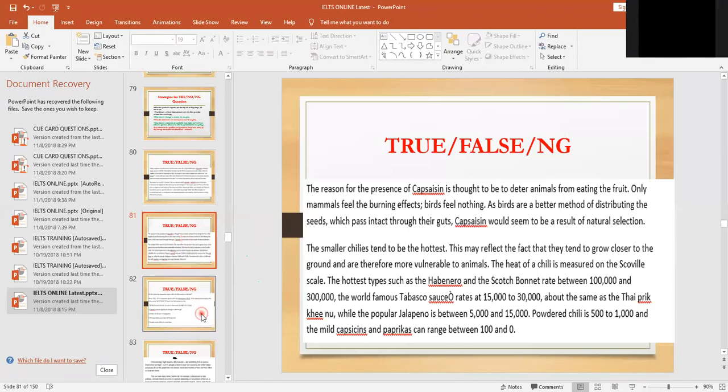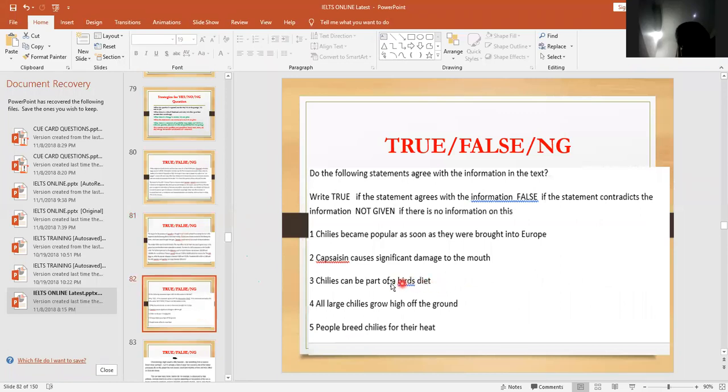Answer is true. So I have said it: when the statement uses can, might, may, it is a statement of possibility. So one thing you need to know is that it's a statement of possibility.